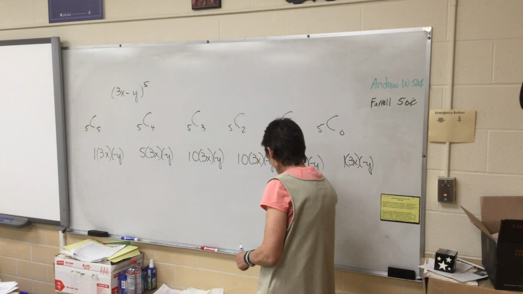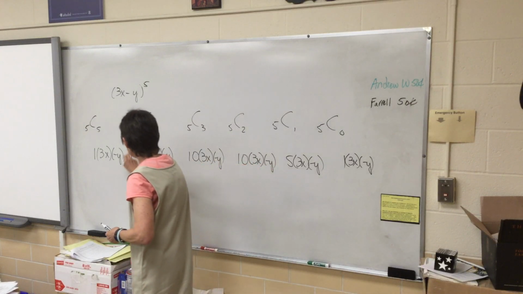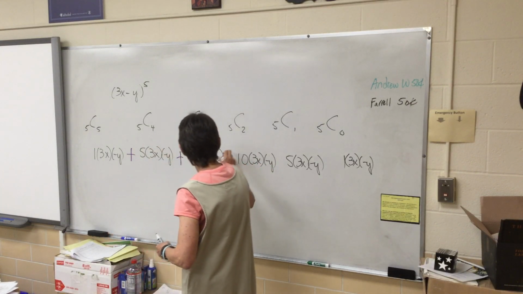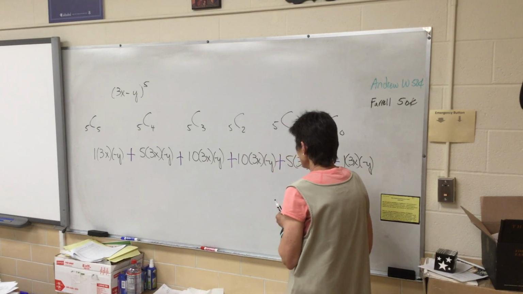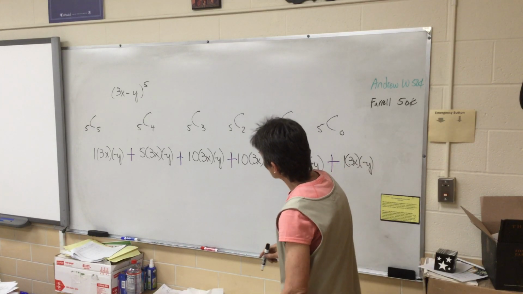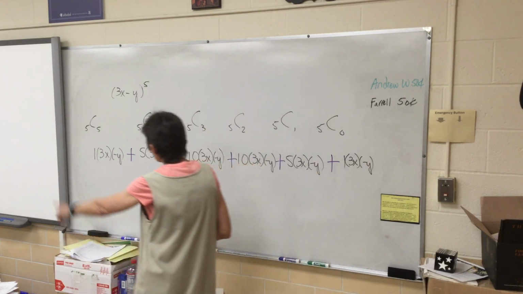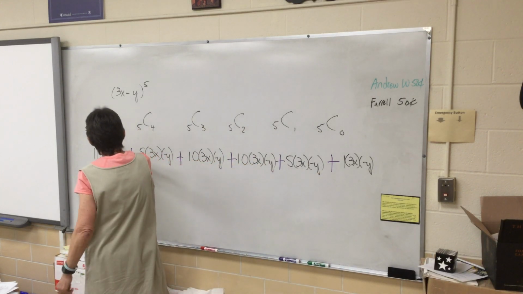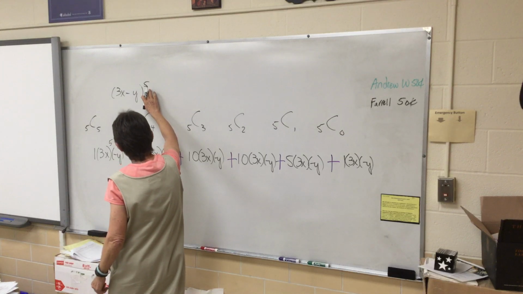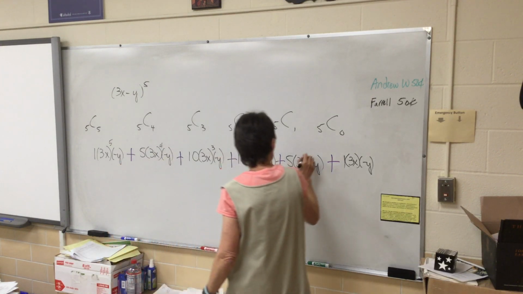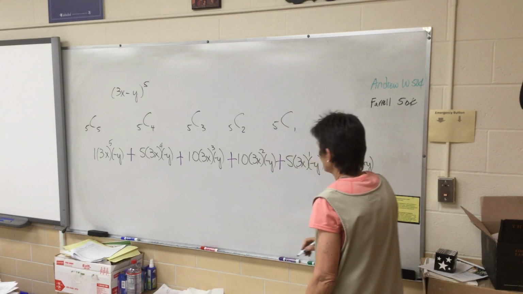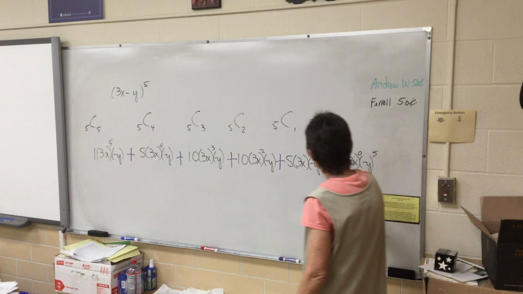Now, these are all separate terms, so keep in mind, those are all separate terms. So now I'm going to put in my exponents, starting right here with the 3x, and I'll make it a 5 because of that right there. And then I'll count down. And then the y's, same thing.